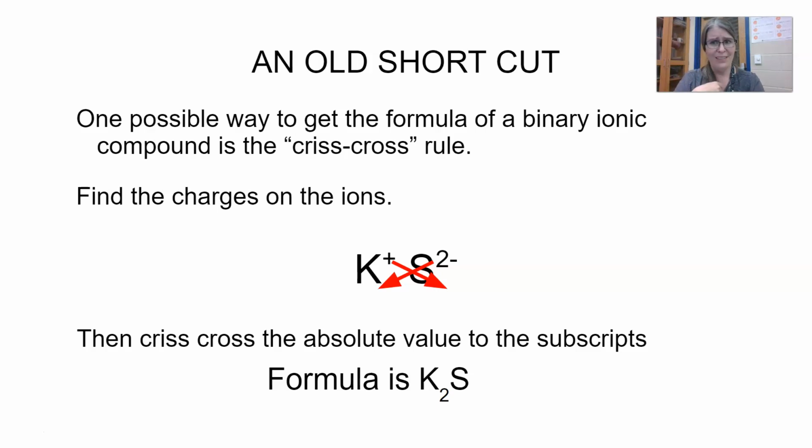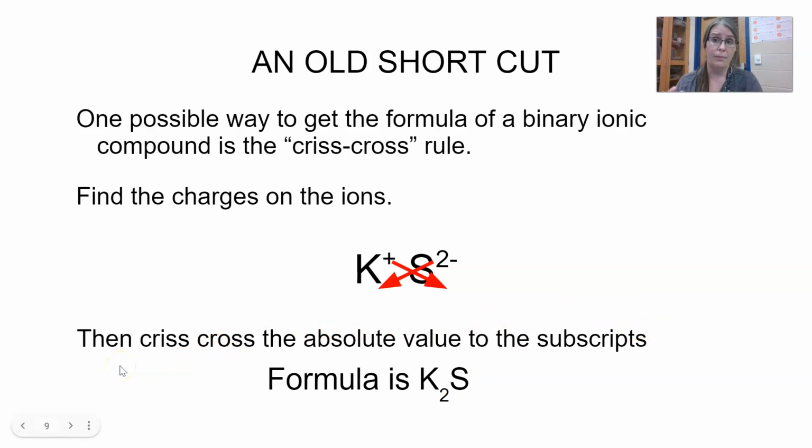Well, that's not in lowest terms. Ba2O2 is nothing more than just barium oxide, BaO. So if you use the crisscross rule, make sure that you look at your subscripts and you check to see if there's any way to simplify them to get the compound into its lowest possible terms. Just like math class, you want to make sure you turn things in the simplest possible way.